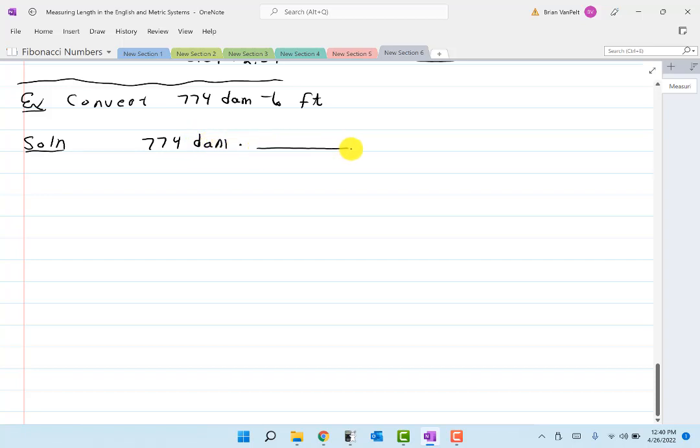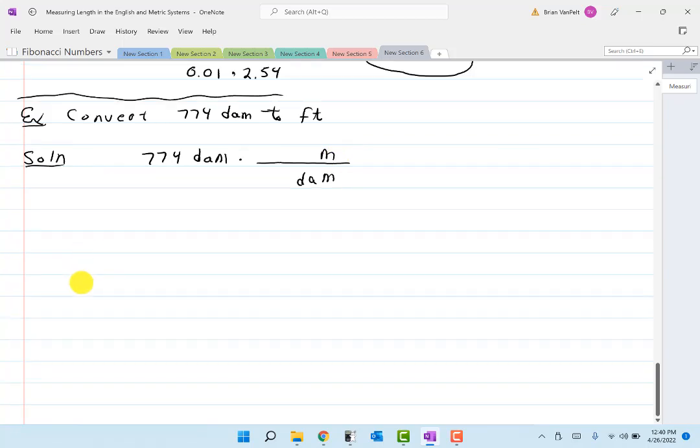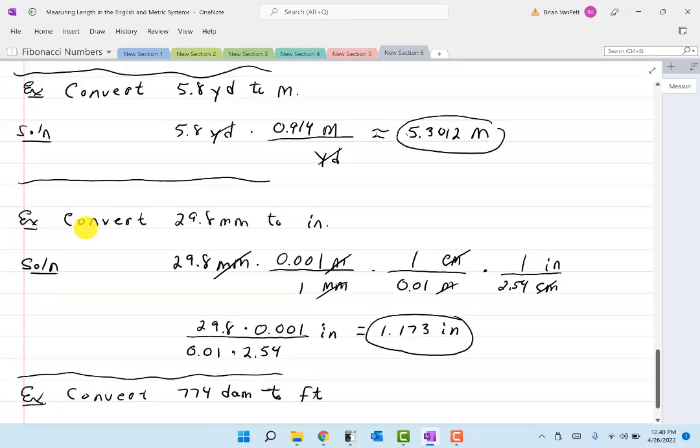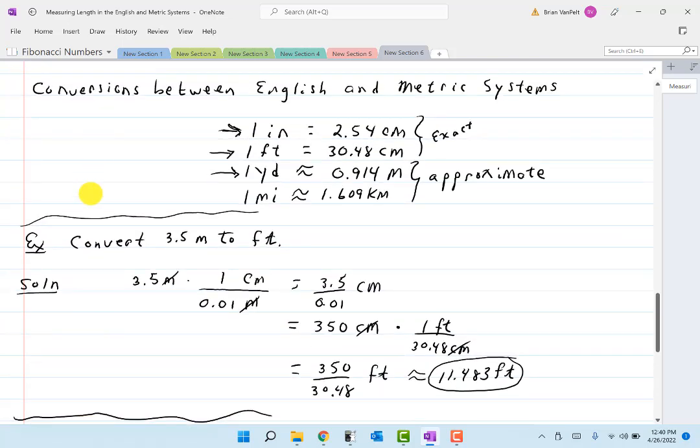Now, whatever I do, I'm going to eventually get to feet. Most certainly, since it's the metric system that we're starting with, it will be a direct connection to meters. So I'll have my DAM in the denominator. I'll be able to have my meters in the top. Let's go to that table and see what the connection is between DAM and M.